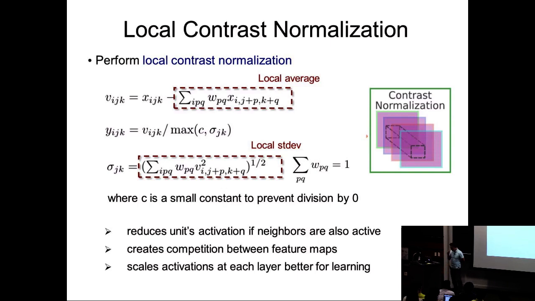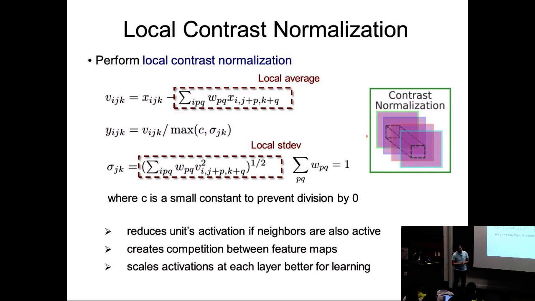Another thing that people looked at is something called local contrast normalization, right? So what you do is you take your input, your feature map, and you look at the weighted average of all the activations in the feature map around your local neighborhood.